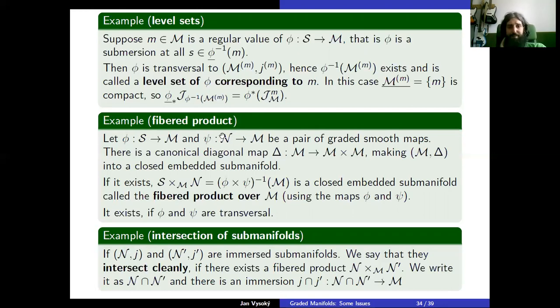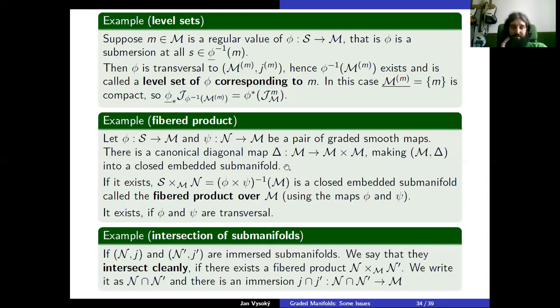There's another example, also very useful: how to define the fiber product of two manifolds. You take two maps, phi and psi, from S to M and N to M, and there is a canonical diagonal map from M to M times M, which makes M, similarly to the usual case, a closed embedded submanifold. So you can view M as a closed embedded submanifold of M times M using this diagonal map.